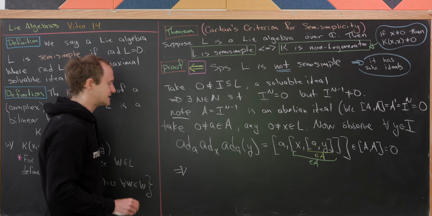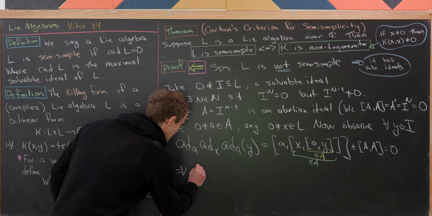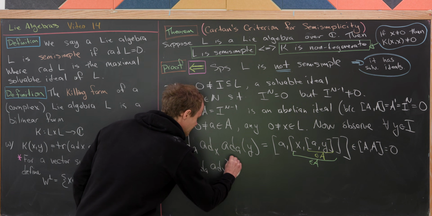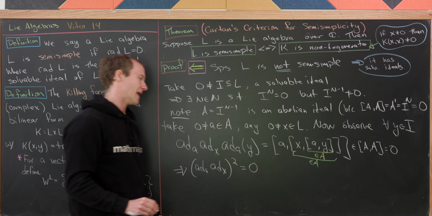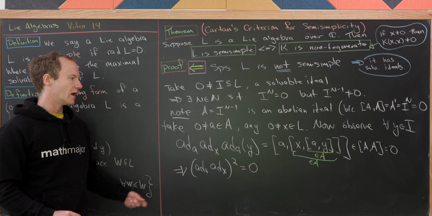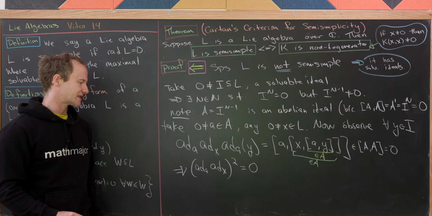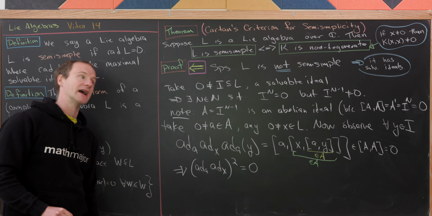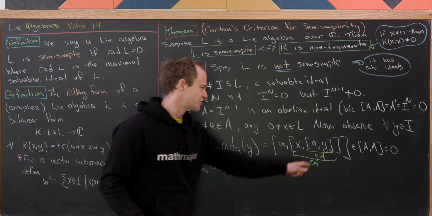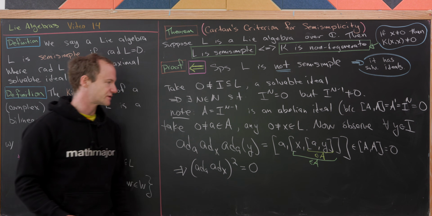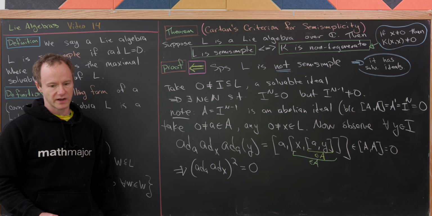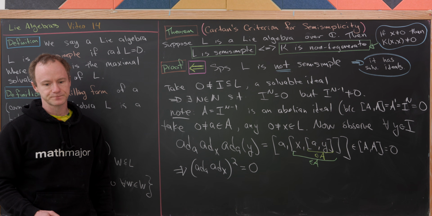So, what does that mean? If we take ad A, ad X, and we square it, we get the 0 map. And how do we know we get the 0 map? Because whenever we do ad X, ad A, ad X squared, we're going to end up with something like this. Y is going to be replaced with the bracket of X with whatever we're plugging into this map.